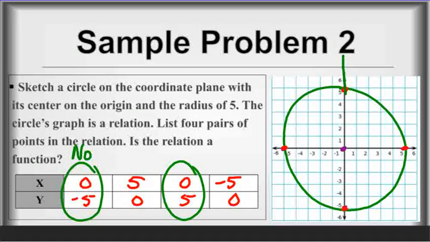And if I did the vertical line test, it crosses that graph in three places: here, here, and here. So it can only cross it once. So a clue to determine if it's a function or not, look at your x values. If your x values repeat, they have to have the same y value. If they don't, then it's not a function.